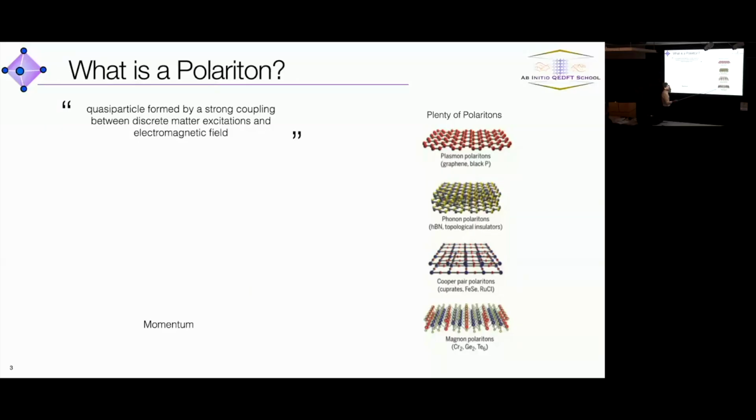So these are just a few examples of polaritons, which I think I have stolen from the Polaritonic panorama that maybe Dimitri will tell you more about later.